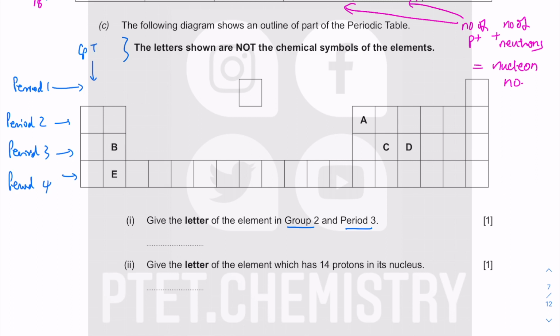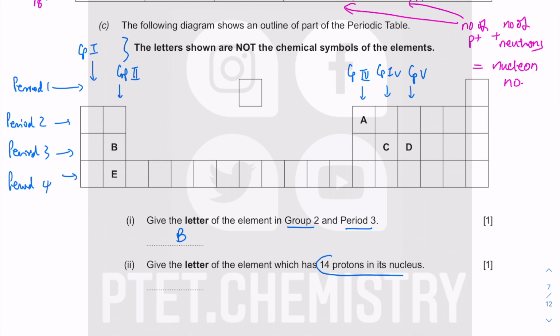This is group 1, so group is in Roman numeral. These are in Arabic numeral for the period. So this is group 3, this is group 4, this is group 5. So group 2, period 3 is going to be B.